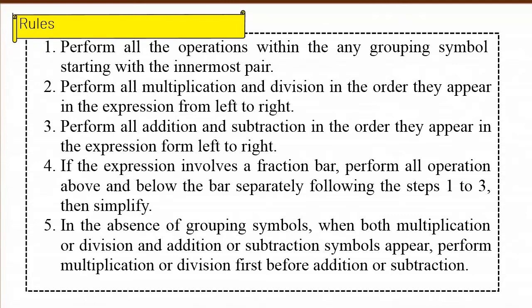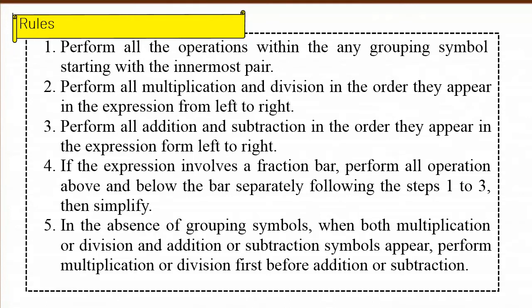Third, perform all addition and subtraction in the order they appear in the expression from left to right. Fourth, if the expression involves a fraction bar, perform all the operations above and below the bar separately, following step 1 to step 3, then simplify.